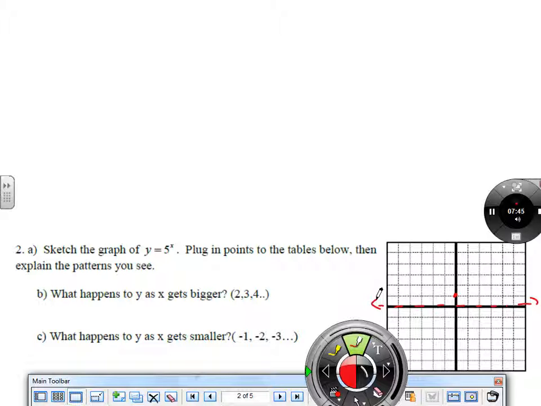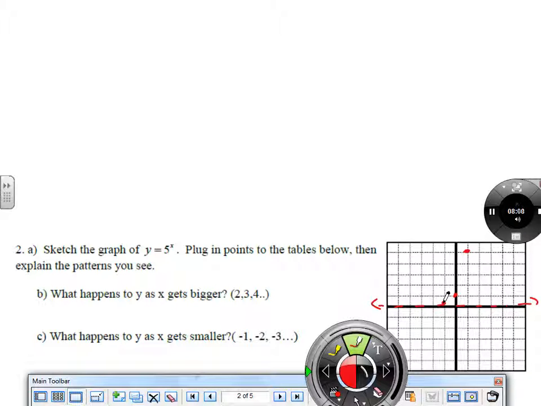In general, it's the same shape, right? It goes from getting close to 0, crossing through this point, and then growing very fast, but growing even faster than the function we saw before, because here if you plug in 1, you get 5. And if we plug in negative 1, we get 1/5. So not only is it growing faster upward, but it's getting closer to the asymptote a little bit faster because of that base of 5.